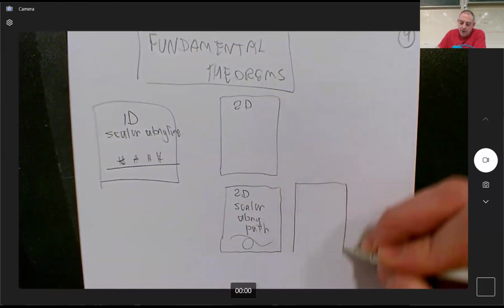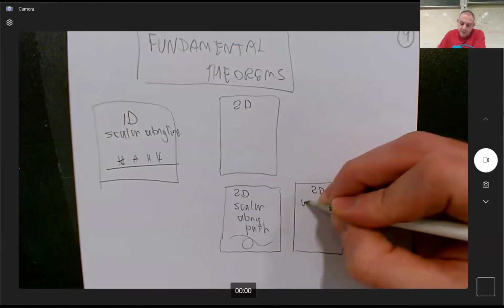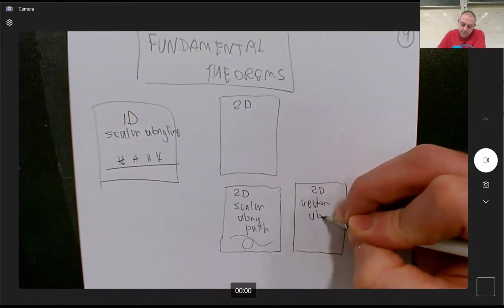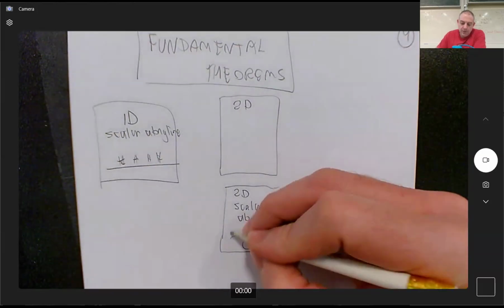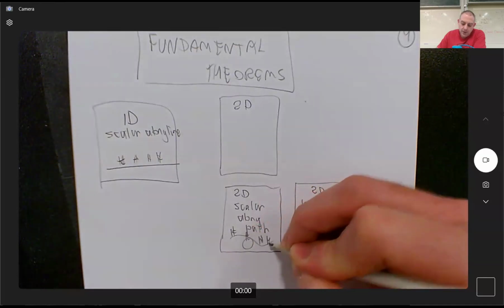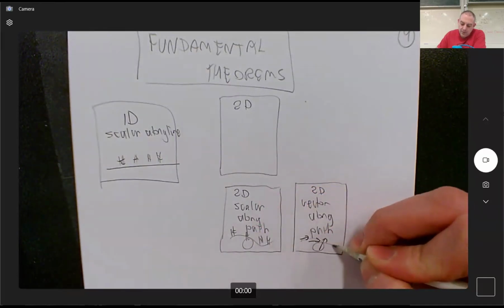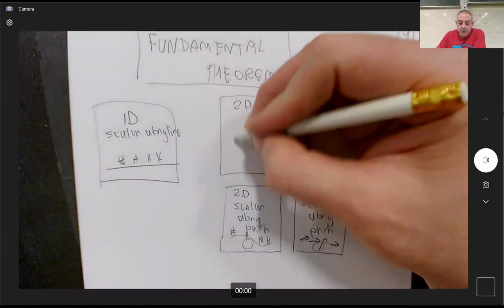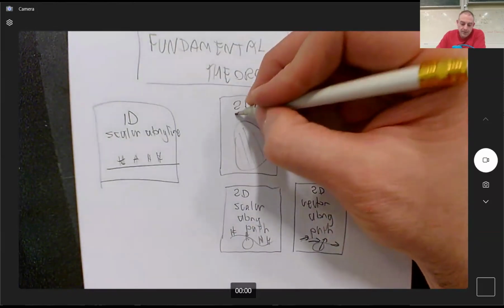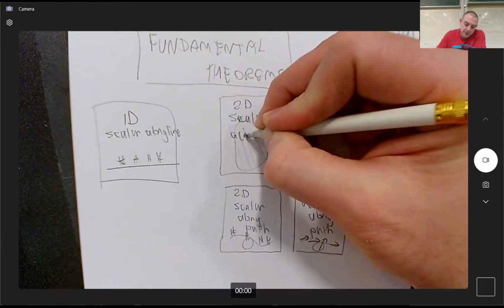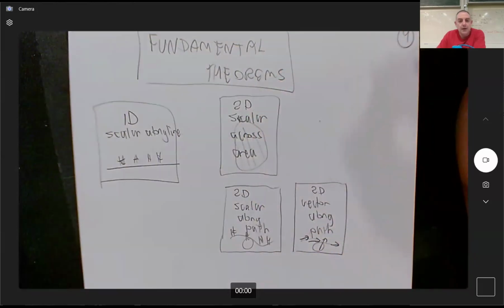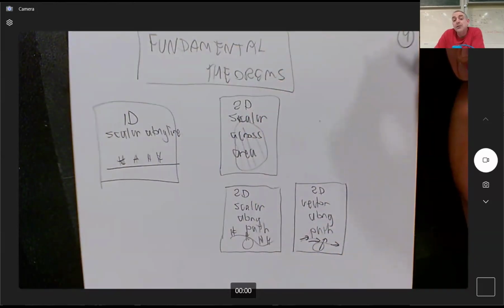And there's also a vector function along a path. In this one, there's a number at every point, and in this one, there's a vector at every point. And there's also a scalar across an area. These are the 3 different integrals in 2D. Theoretically, you can do other ones, but these are the ones that are in the theorems.